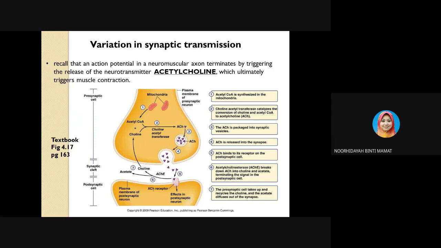So this is the process involved in the neuromuscular junction, which releases the neurotransmitter acetylcholine. This will trigger the muscle contraction.